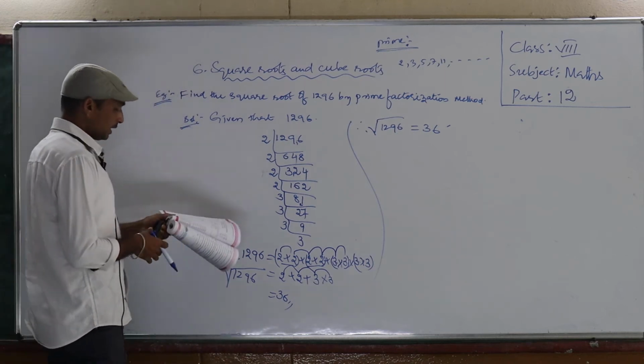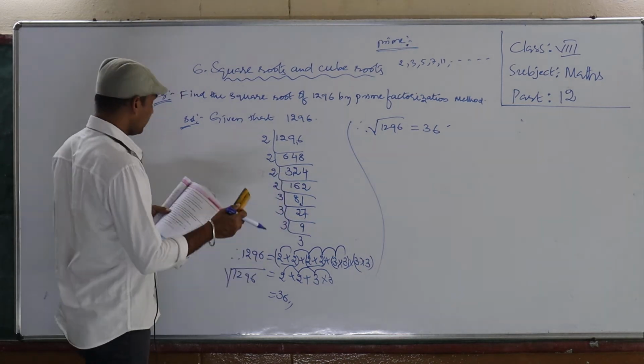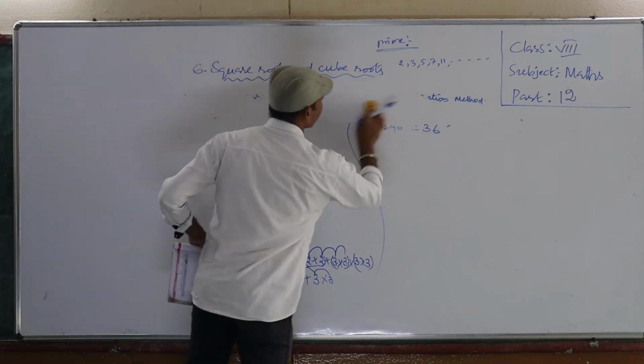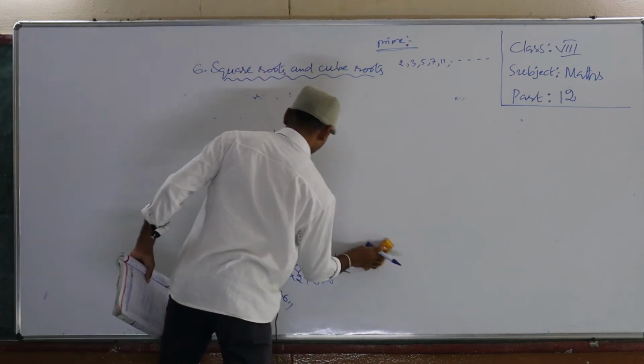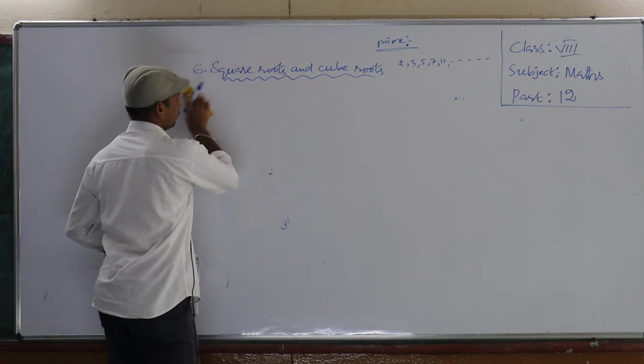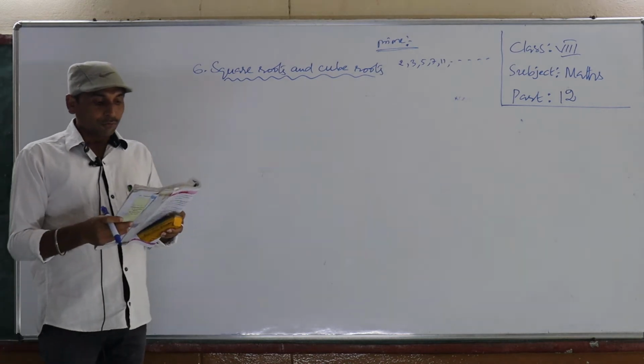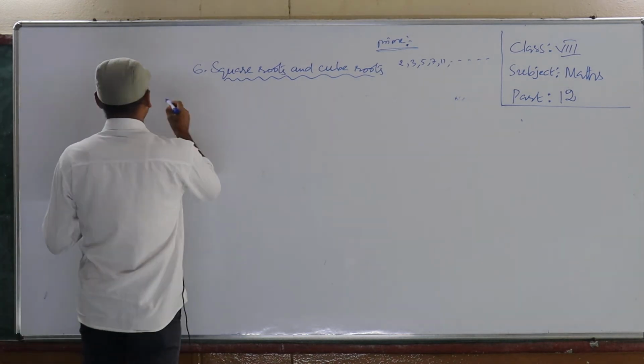So now let us discuss a different type of question. See here, example 5. What is given?